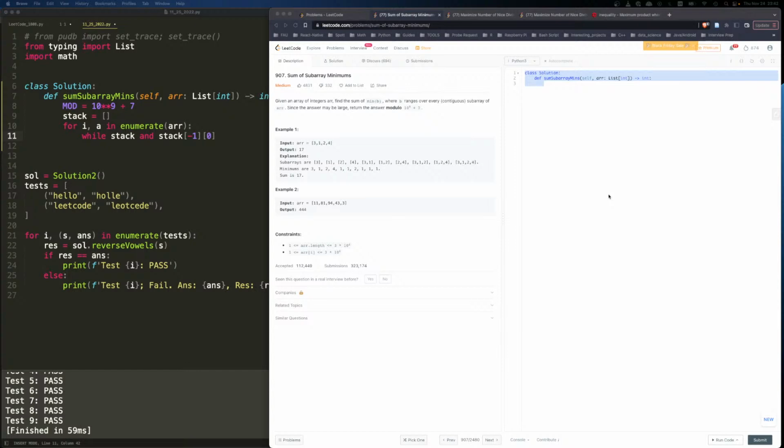If the two values are equal, then this can take this. I think it'll be the same. I can pop if it's equal to. I think equal to will be fine.